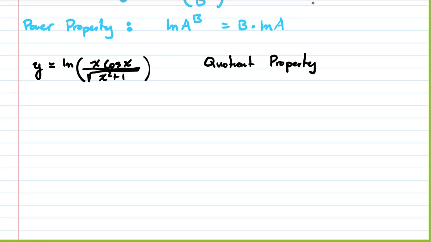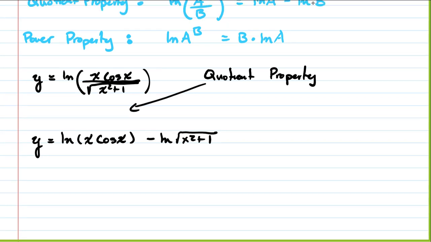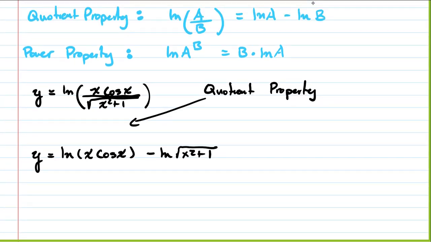If we use our quotient property, that is going to give us y equals the natural logarithm of x cosine x minus the denominator, the natural logarithm of the square root of x squared plus 1. Our quotient property said if I have the natural logarithm of a divided by b, it's the same as the natural logarithm of a minus the natural logarithm of b.